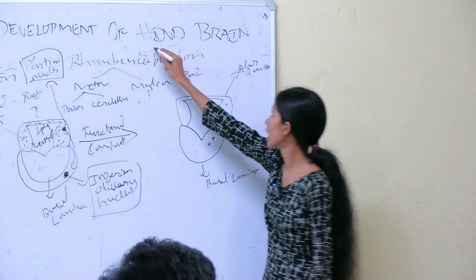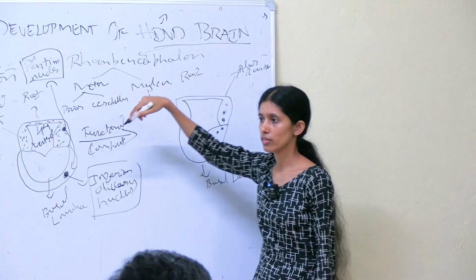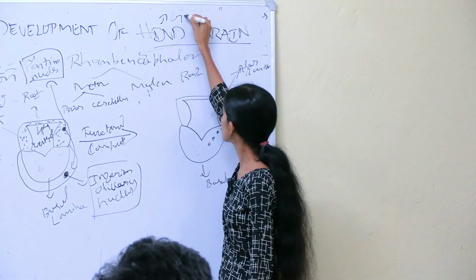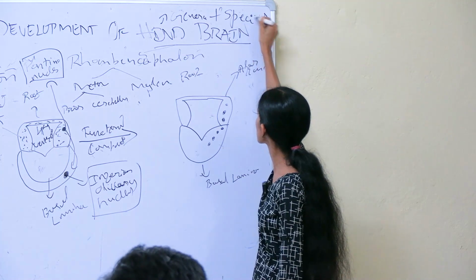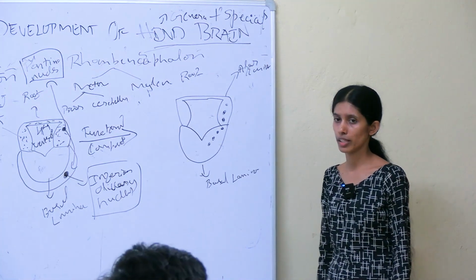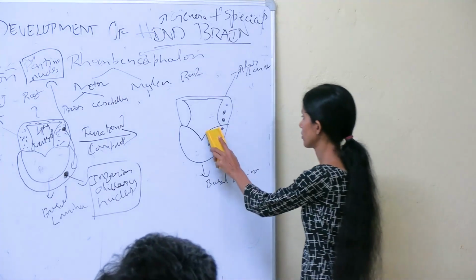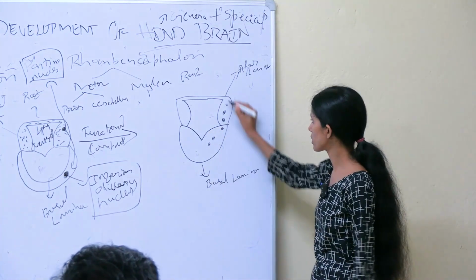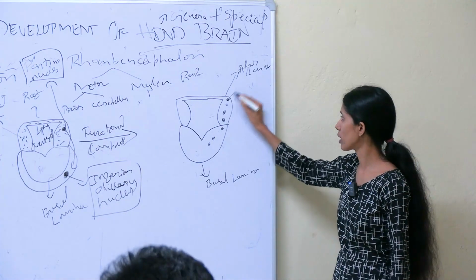And remember, in the hindbrain part we have both general columns plus special columns. Any doubts in this? 3 columns in basal and 4 columns in alar lamina. Can you name them now?